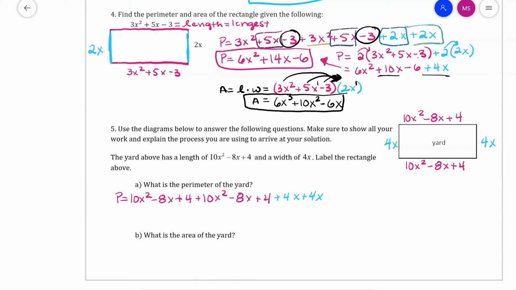All right, so here we're going to combine the x squareds first. So 10 plus 10, that gives you 20x squared. Next, we have all of the x terms. So I'm going to use my colorful one. So we have -8, -8, and we have 4 and 4. They all have x's, so they're all like terms.